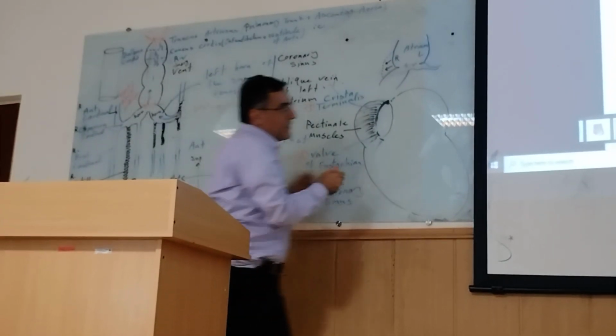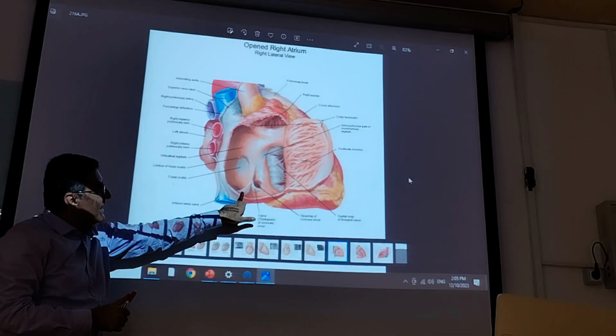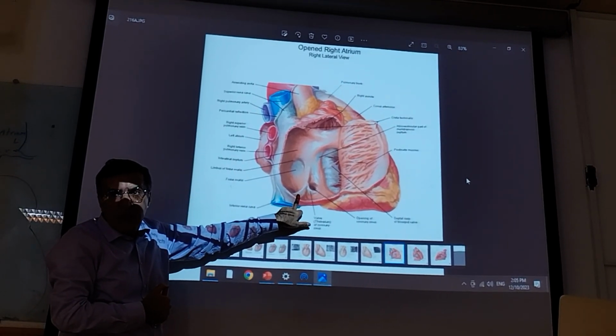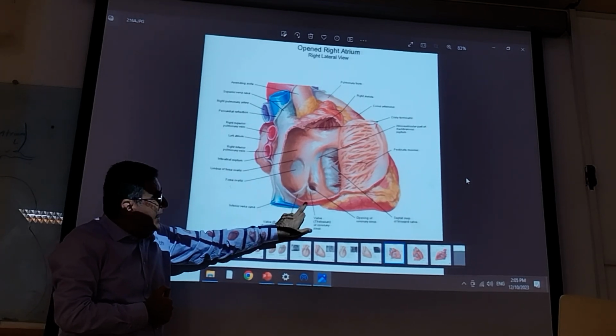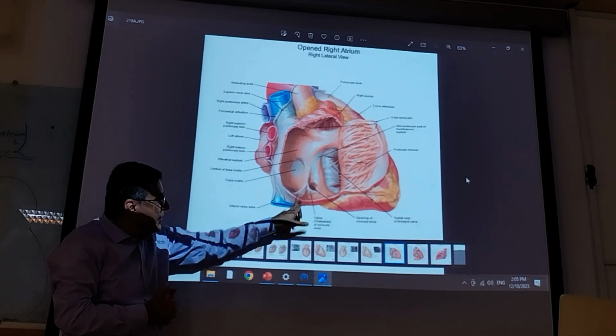Look at the pictures. This is the crista terminalis. This one is the valve of the IVC, the Eustachian valve. And this one is the valve of the coronary sinus, the white colors here.